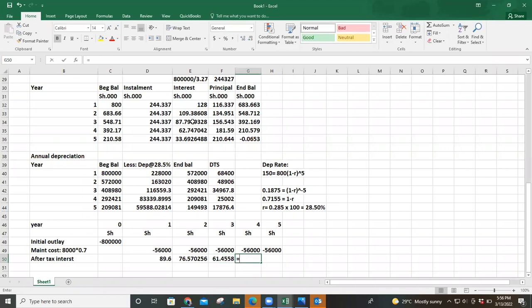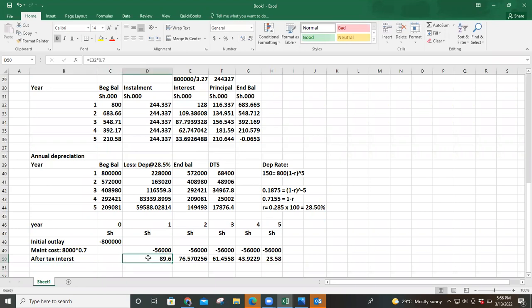Year 4 equals 62 times 0.7. Then finally, year 5 equals 33.6 times 0.7. That's the after-tax interest.